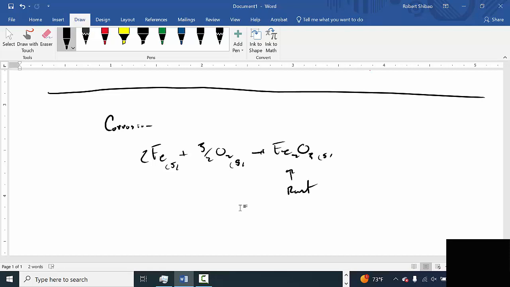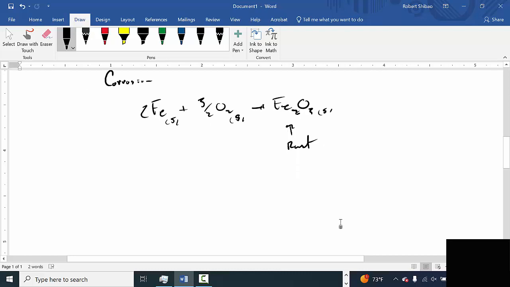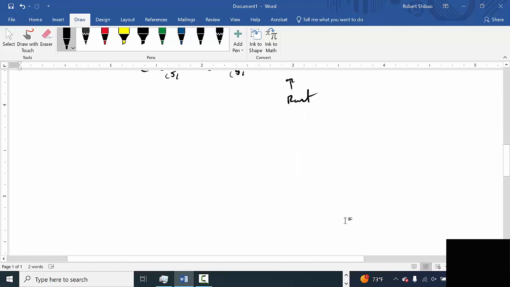But it's not so simple as this. If this were the case, then iron would be a lot more stable than it is, but it corrodes rapidly. It turns out it's a bit more complicated.